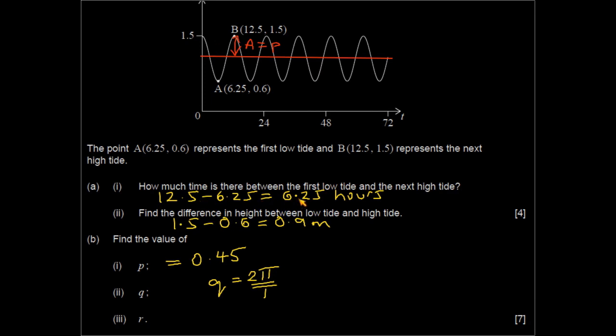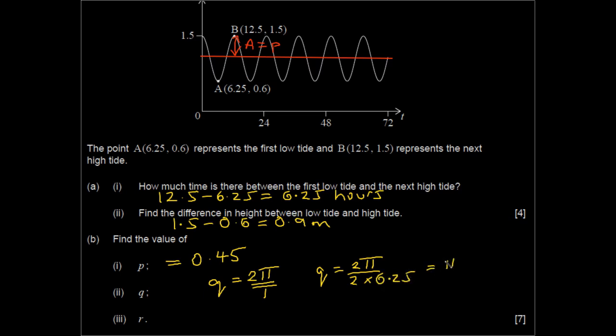Now it had us work out the time here, which was 6.25. So q is going to equal 2 pi divided by, that is the time between the first low tide and the next high tide, so that's actually half the time period. So it's going to be 2 times 6.25.